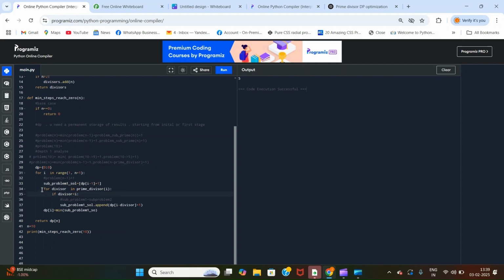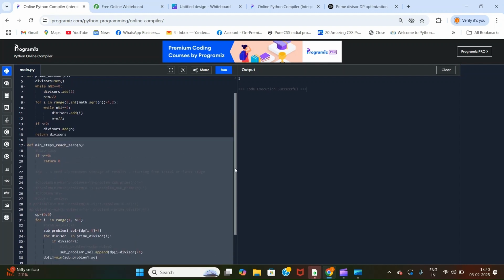Okay, and for choice two, this whole thing will pick the divisor, then manipulate, and it will be appending the result. And I will be seeing the minimum of this result, minimum of the divisor case and n minus 1 case, and that will be the final result for my current step. The final result of my current number will be solved by the minimum. And then in the end, what to do? In the end I have just printed the result of the nth number. So this is the way you need to solve this whole problem.